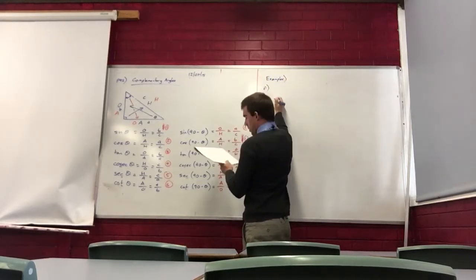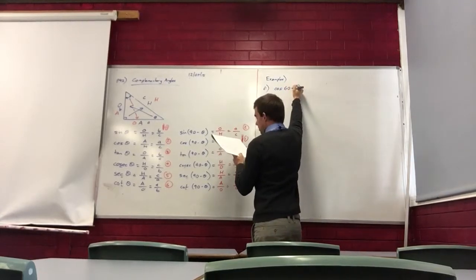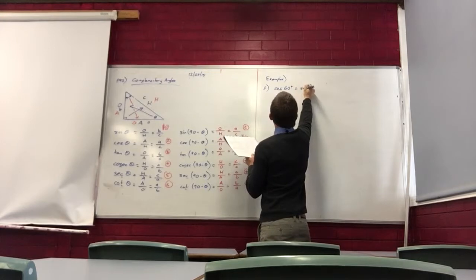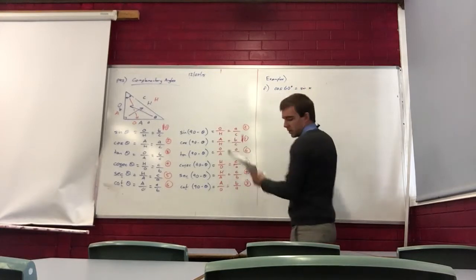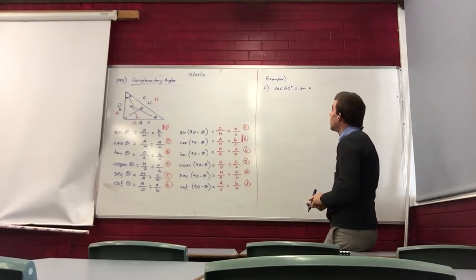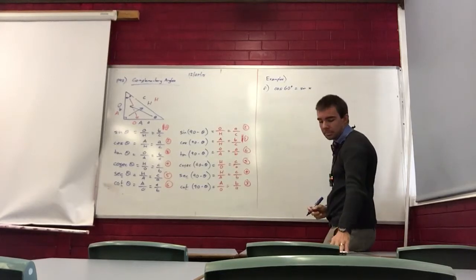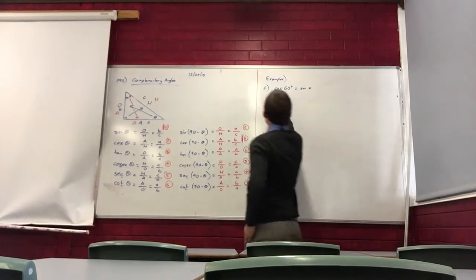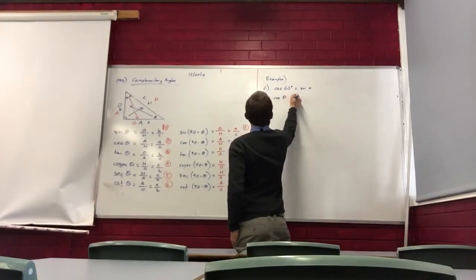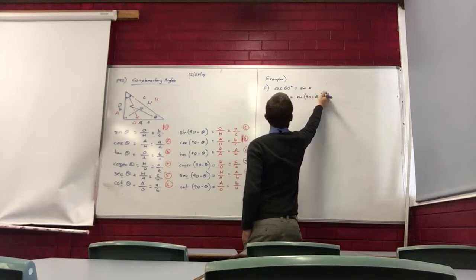Example F. Cos of 60 degrees is equal to sine of x. So we're solving for the variable by making the connections to what's happening over here. Cos of theta is equal to sine of 90 minus theta.